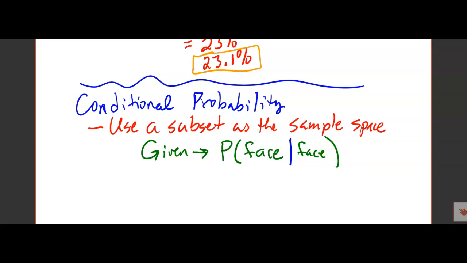When we're doing probability statements, this little vertical line means the word given. And this here is the new subset sample space.